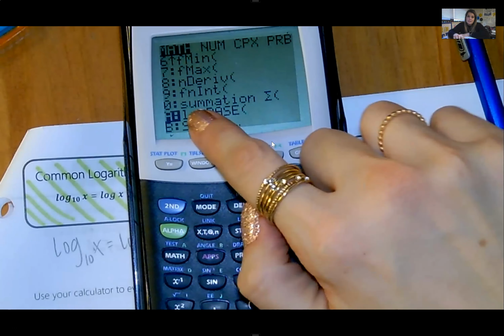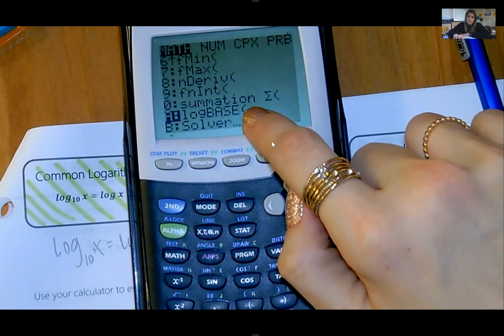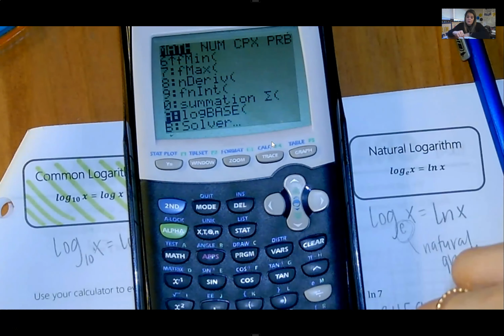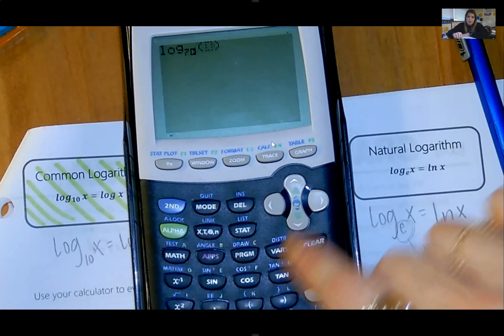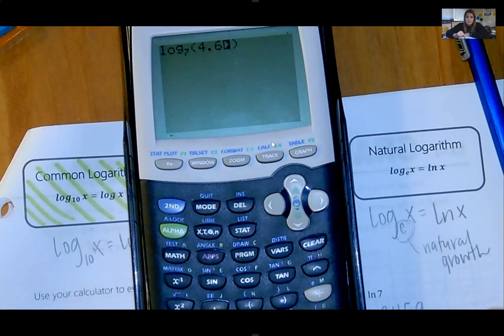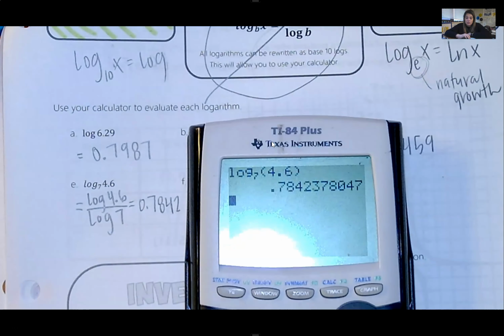Math, up, up. You should see this option, log base. Hit enter, and now it'll let us type in log base 7 of 4.6. We end up getting the same exact answer that we got with the fraction.